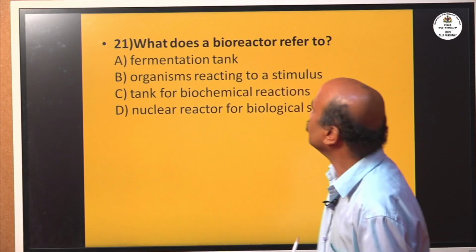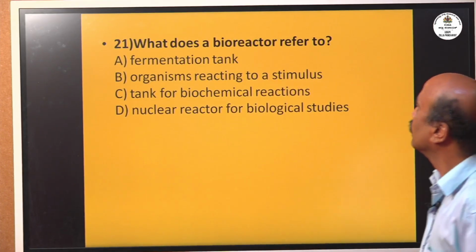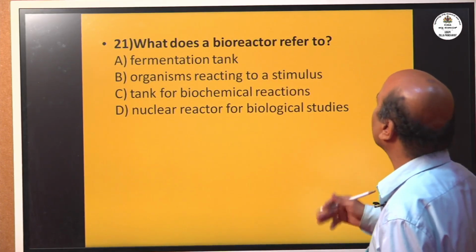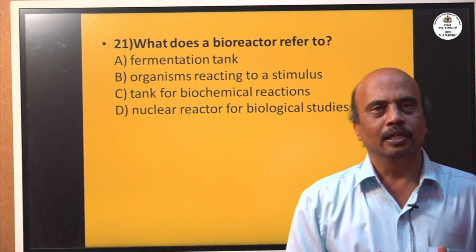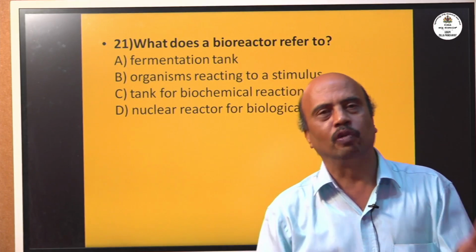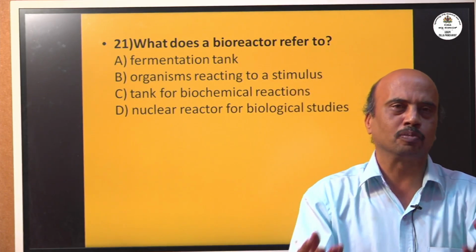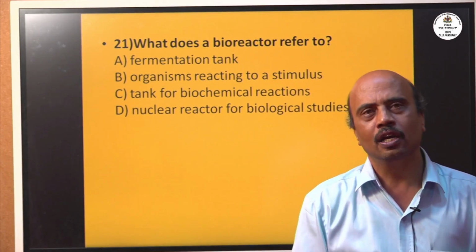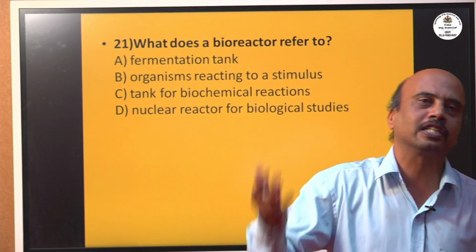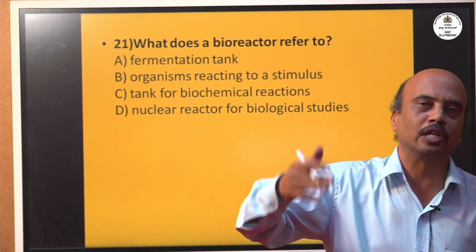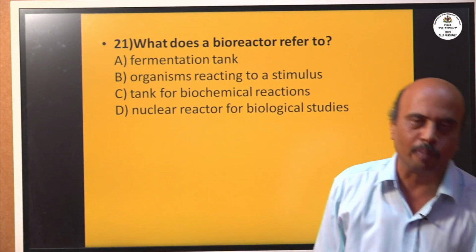Then next question. What does a bioreactor refer to? Bioreactor is a tool. This bioreactor may be a small one if we have small samples at laboratory scale, or a big one, a large vessel where more than 100 or 1000 liters of the products can be obtained.